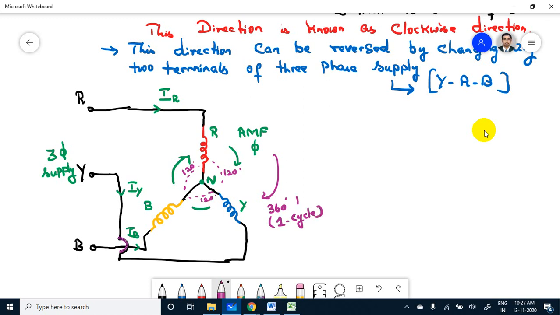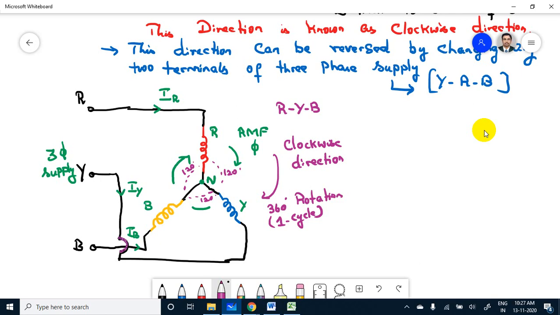Okay, this type of movement is known as clockwise direction, or clockwise rotation. The sequence should be R Y B. Any doubts? Understand? The rotating magnetic field runs in clockwise direction.